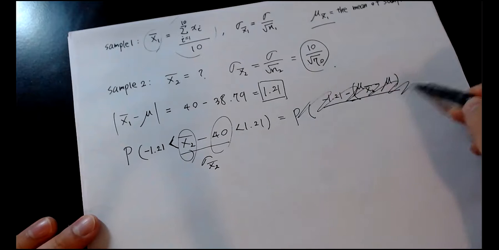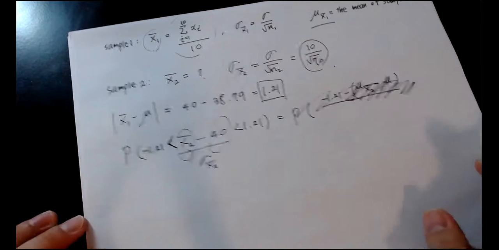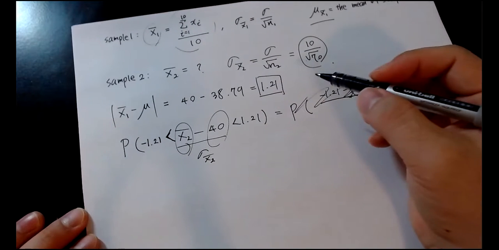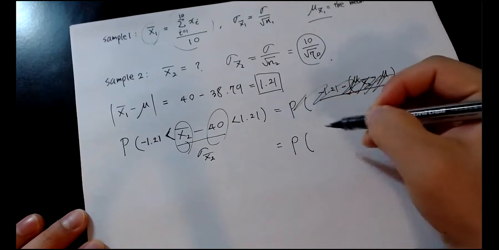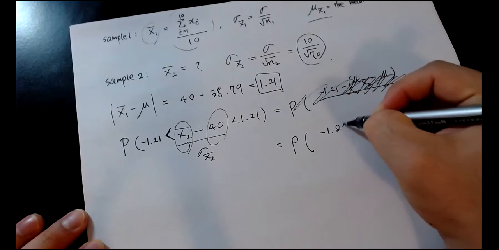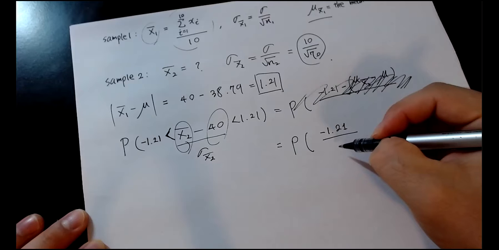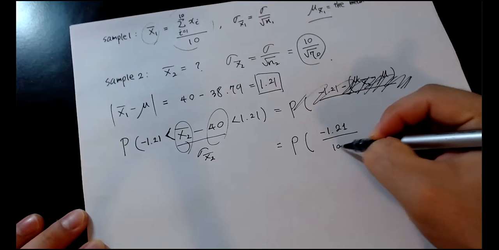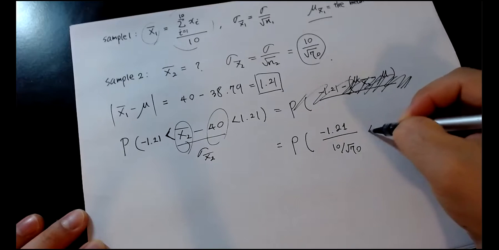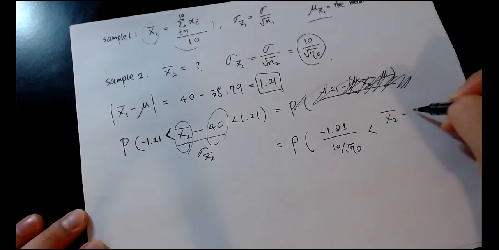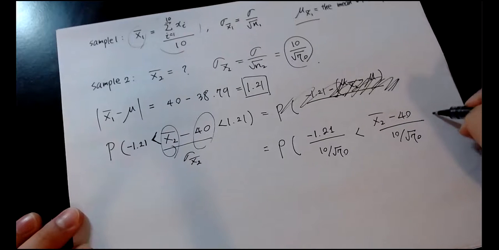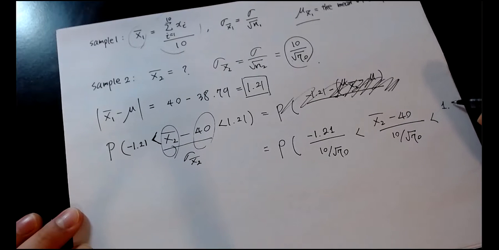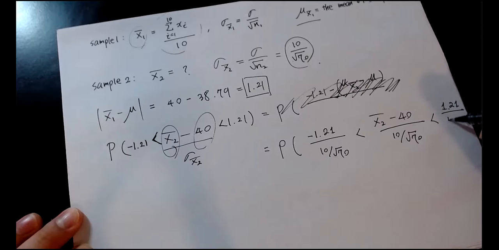Here we don't use the sampling distribution of the difference of the sample means. So that is equal to the probability that negative 1.21 over 10 over square root 70, less than x2 bar minus 40 over 10 over square root 70, less than 1.21 over 10 over square root 70.